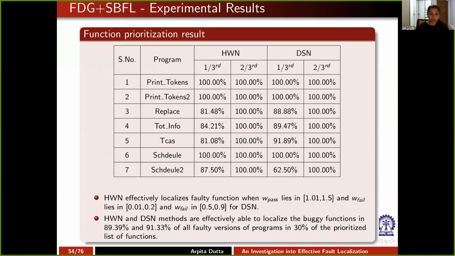So these are the results. We can observe that for the HWN method, the W pass value must lie between 1.01 to 1.5, and W fail can lie between 0.01 to 0.2.